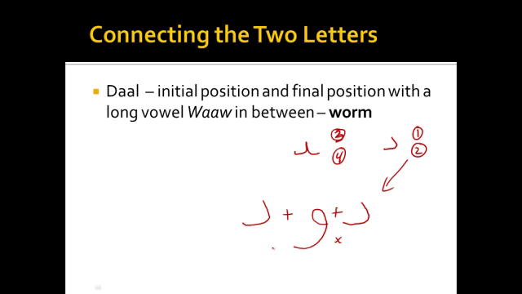Now, why is this Daal not connecting to this Waaw? Because remember, the Waaw, like the Daal, does not connect to what comes after it. So we have to use which position? Again, we have to use the independent position here.